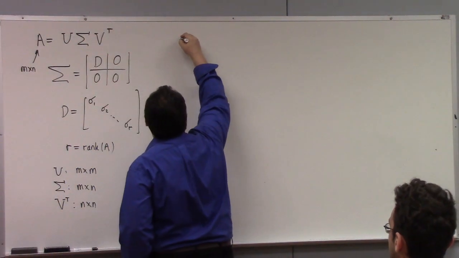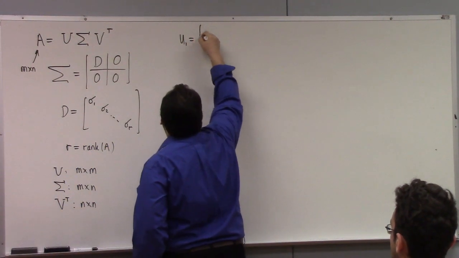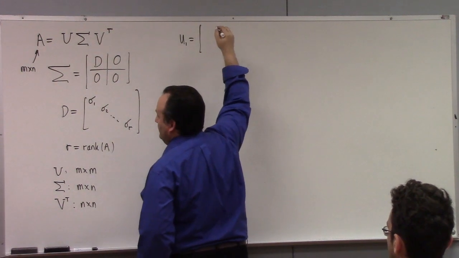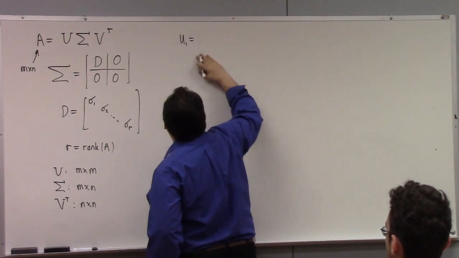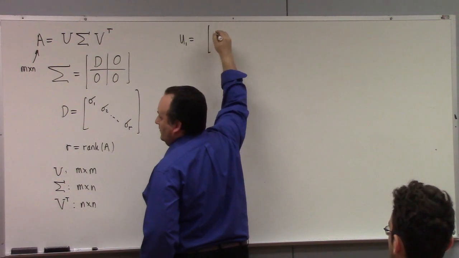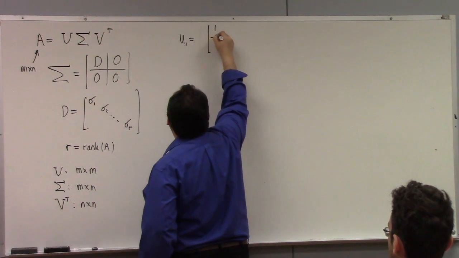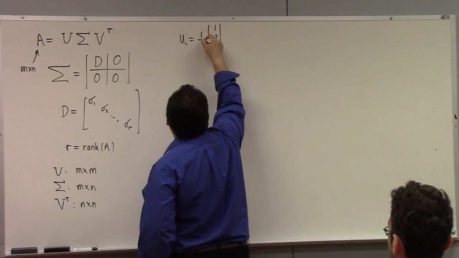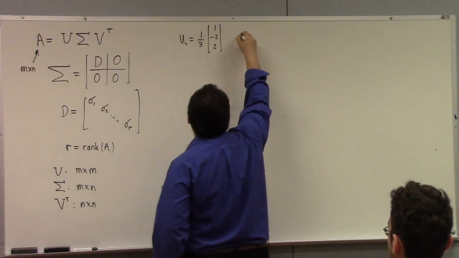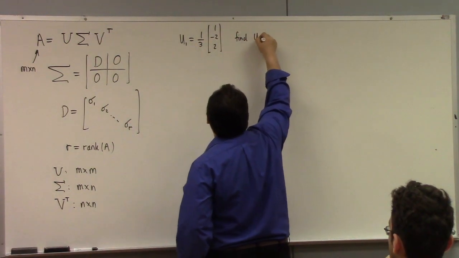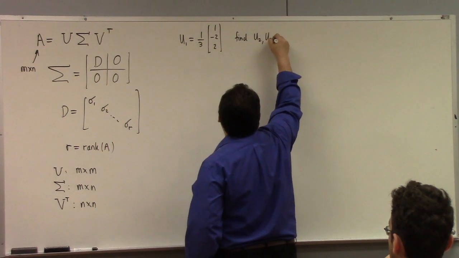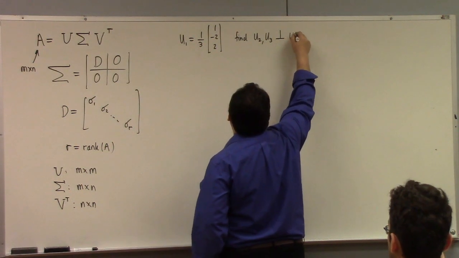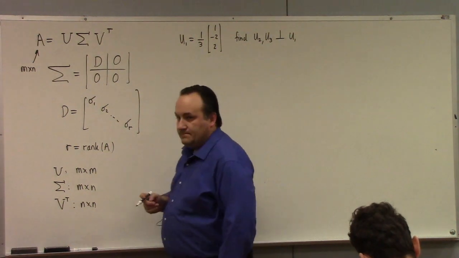We have U1, which is 1, minus 2, 2, with a third out front for normalization. And we need to find U2 and U3 that are perpendicular to U1. How should we do that?